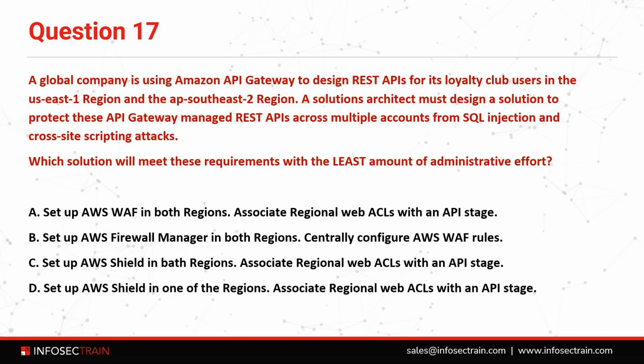The question is that a global company is using Amazon API Gateway to design a REST API for its loyalty club users in the US East 1 region and the AP Southeast 2 region. A solutions architect must design a solution to protect these API Gateways and manage the REST APIs across multiple accounts from SQL injection and cross-site scripting.